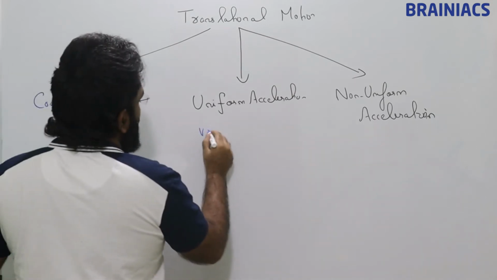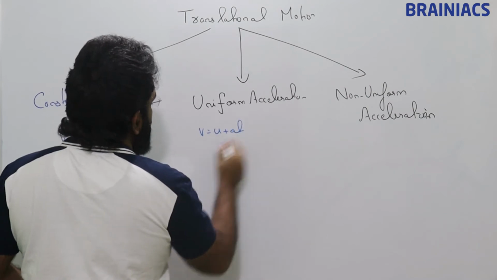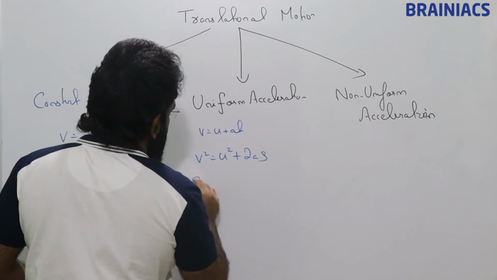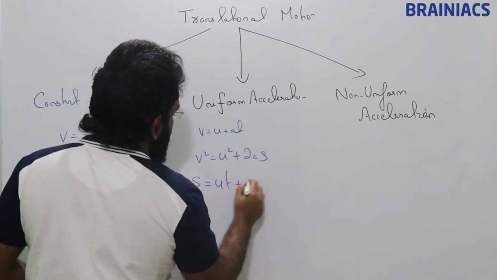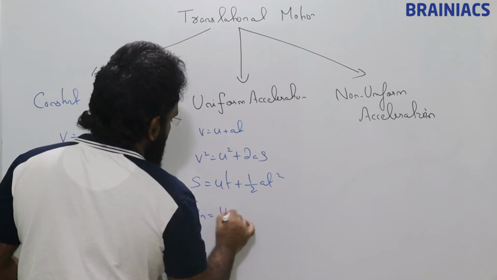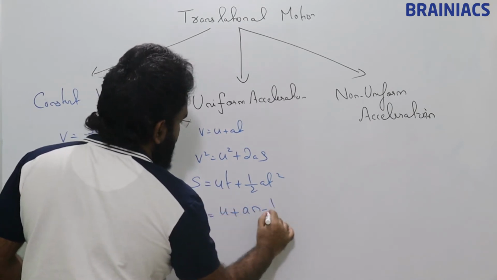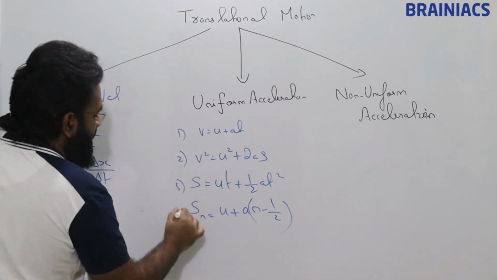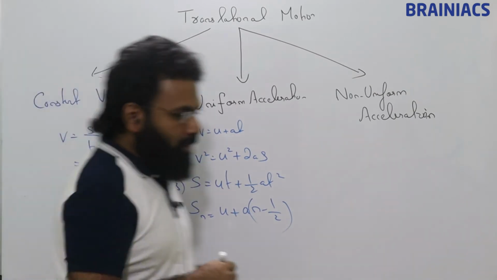Now here, v is equal to u plus at, v square is equal to u square plus 2as, s is equal to ut plus half at square, then Sn is equal to u plus a into n minus half. So 1, 2, 3, 4 equations.